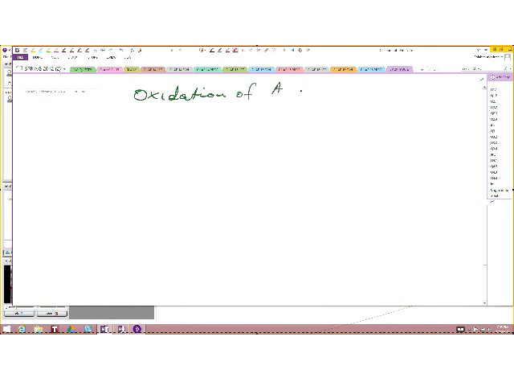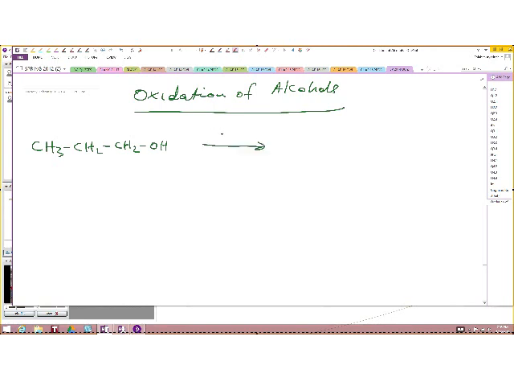Oxidation of alcohol. If you take a primary alcohol and you take this reagent here, chromium trioxide in acid, what this reagent will do is oxidize a primary alcohol to a carboxylic acid.